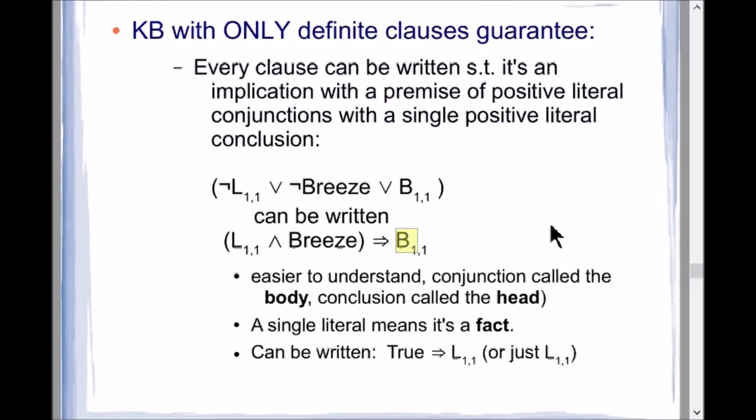And you can write a fact in the implication form, so you can see right here, I have it on the slide, where true implies L11. So, okay, fine, that's the implication form, but if true is always true, then we can just dump that part. We can dump the body of it and just go with the head. So it's just simpler to write the L11 by itself.